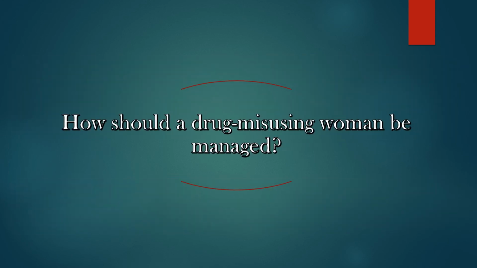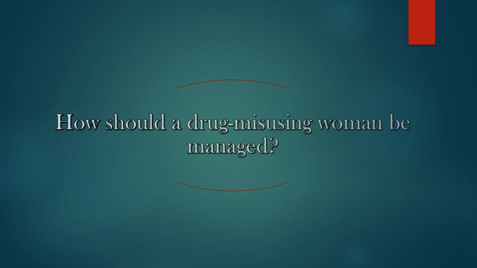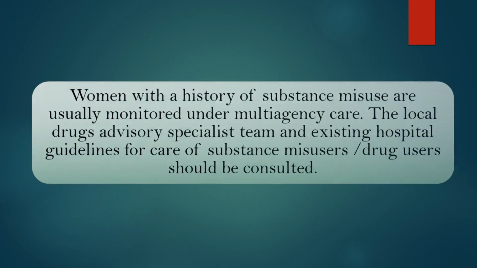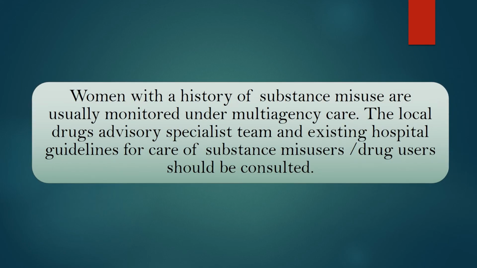How should a drug misusing woman be managed? Women with a history of substance misuse are usually monitored under multi-agency care. The local drugs advisory specialist team and existing hospital guidelines for care of substance misusers or drug users should be consulted.